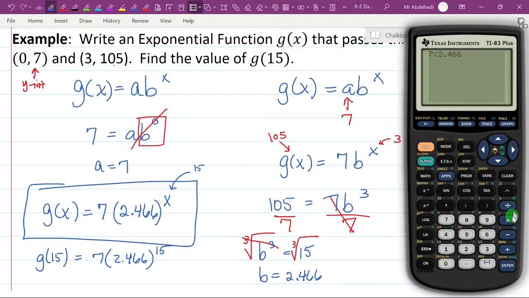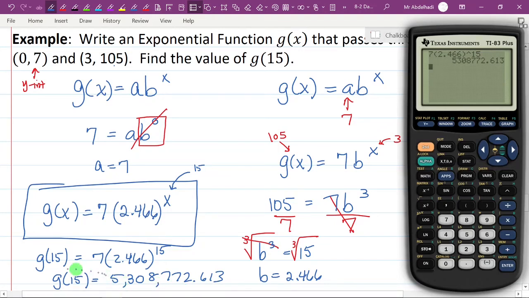If I really wanted it to be a little better, I could leave it as a third root of 15, but to the power of 15. Now, the calculator knows to do the power before it multiplies by 7. It knows PEMDAS. And what we get is g of 15 equals 5,308,772.613. Like I told you, these numbers get kind of big, so a calculator will be helpful here.